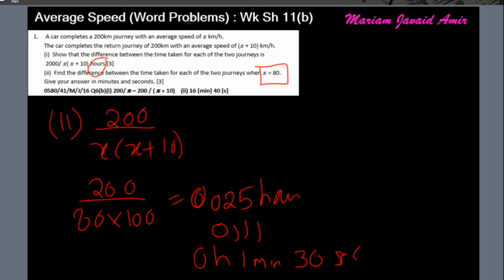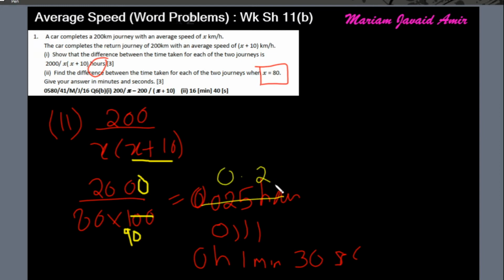Oh, this was actually 2000 and not 200. Make this correction. This is 2000 and this is x plus 10, which makes this 90. So 2000 divided by 80 times 90, which gives us 0.7777 hours.